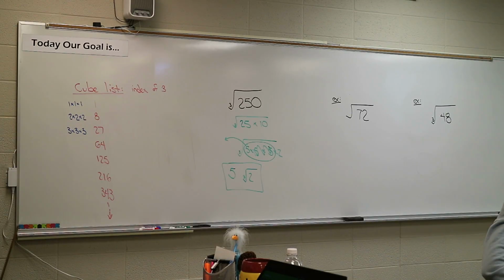Times 4 and something to this. So far, so good? Now you gotta figure out what's left. You have the 6 on the outside, and what was left? 2, yeah.